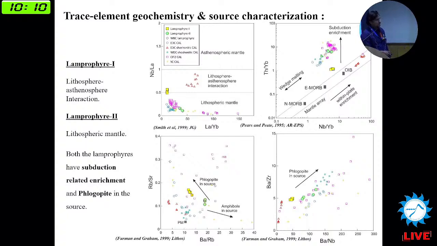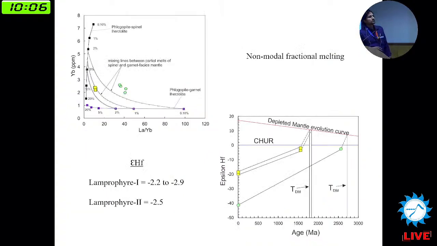In both lamprophyres, we found phlogopite in the source, and we tried to calculate our source, and we found both lamprophyres formed by the mixing of phlogopite bearing garnet and spinel lherzolite. The isotopic hafnium epsilon negative value shows both lamprophyres are enriched in comparison to CHUR, and the enrichment may be related with subduction related metasomatic processes.